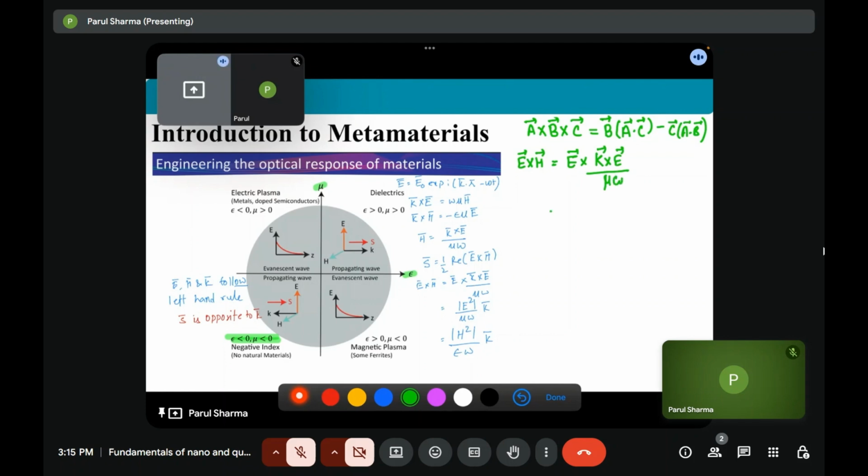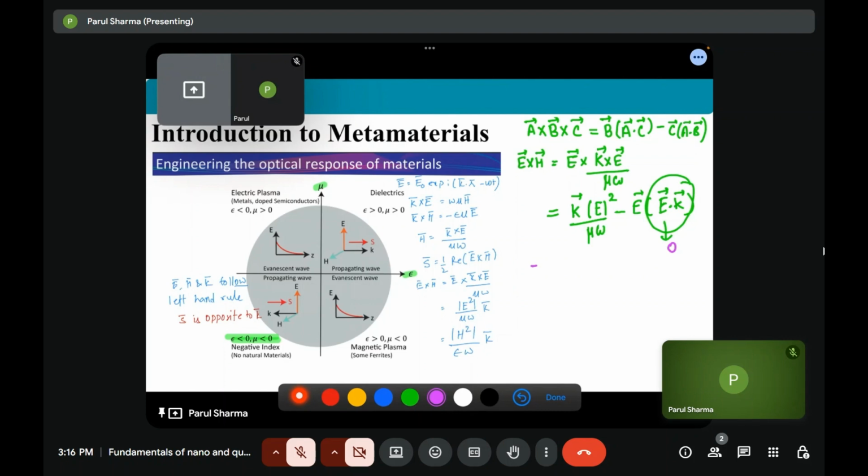So we will get B (A dot C), that is E dot C, cross E mod square by mu omega, minus C (A dot B), so E dot K. And we know that E dot K is equal to 0.